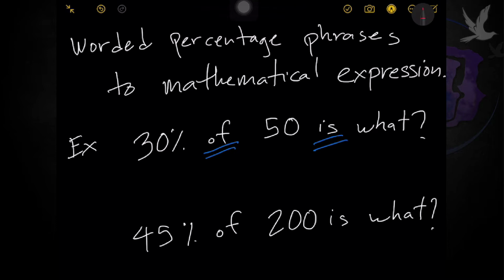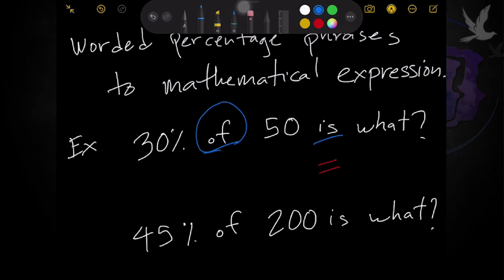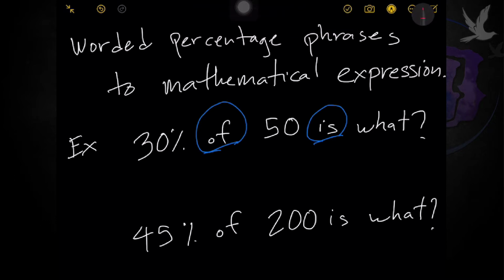Is in mathematical expression is equivalent to equals. Is basically equivalent to equals. And of in mathematical expression is equivalent to times.